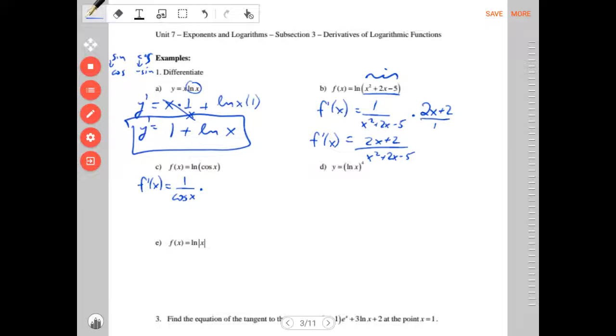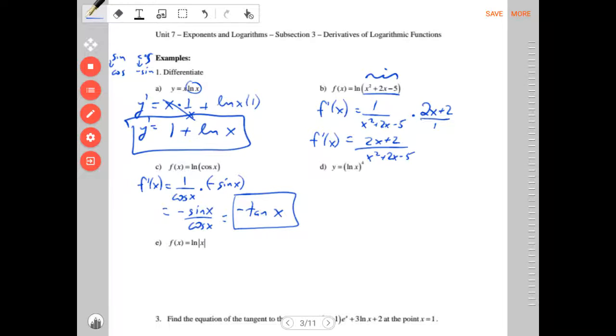I always like to write those. So the derivative of cos is negative sine x. That's going to be negative sine x over cos x. Well, wait a second. Sine x over cos x is tangent, so f prime of x is negative tan x. Awesome. There it is. That's it.